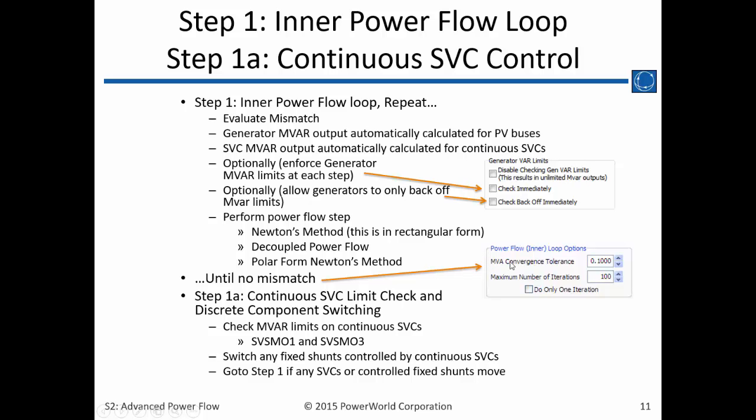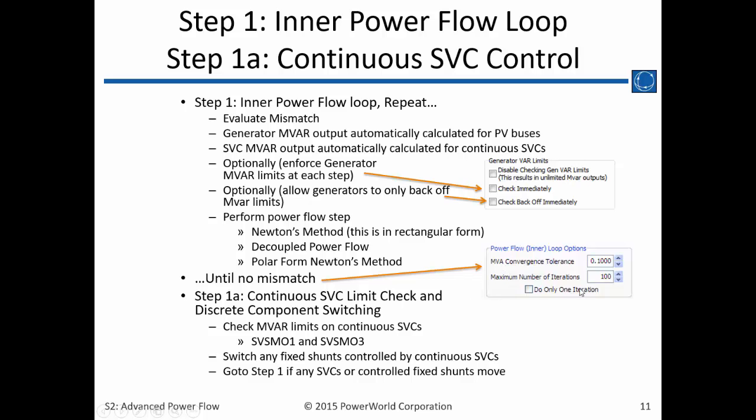And you provide in the options of Simulator what that mismatch tolerance is. And that's an MVA convergence tolerance that you provide. Our default is 0.1 MVA, and that's at every bus in the system. So we'll consider that the solution has been reached if the power flow in minus power flow out is less than or equal to 0.1 MVA at every bus.